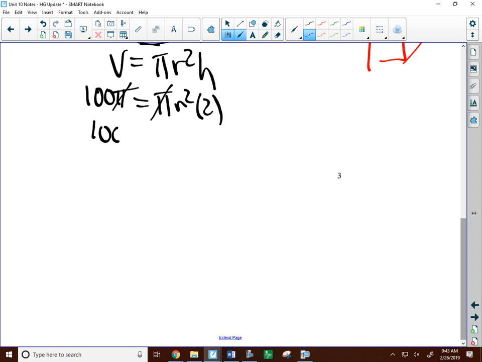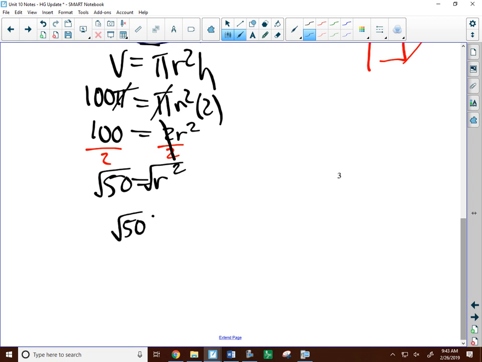So I'll be left with 100 equals 2r squared. Just divide by 2. So we get 50 equals r squared. And so we'll do square root of 50 is the radius. 7.1 probably is a decimal. I'm just going to leave it like this.